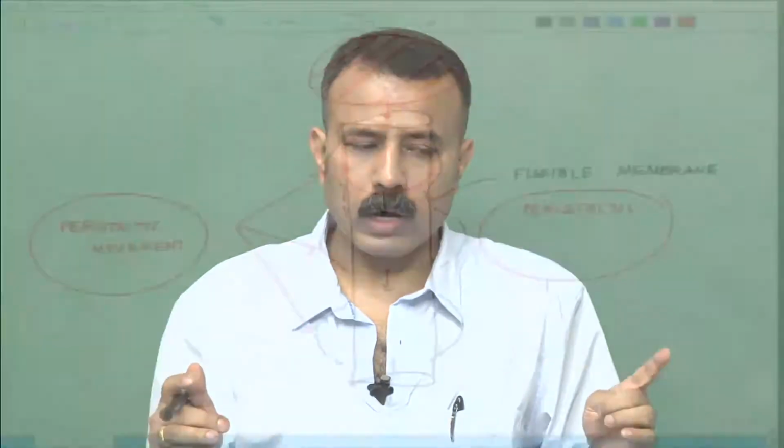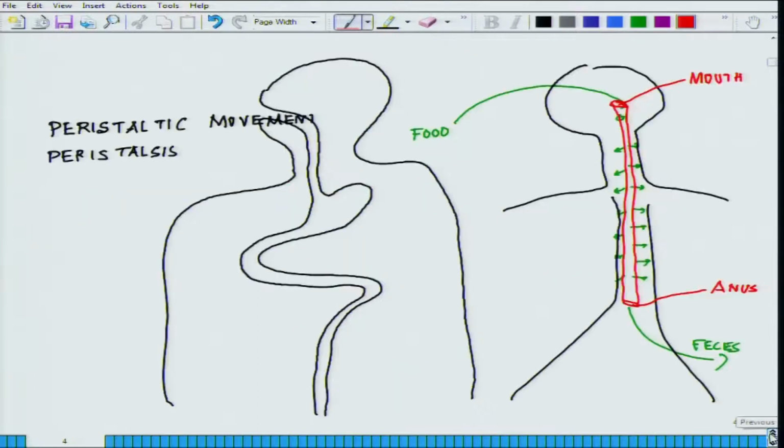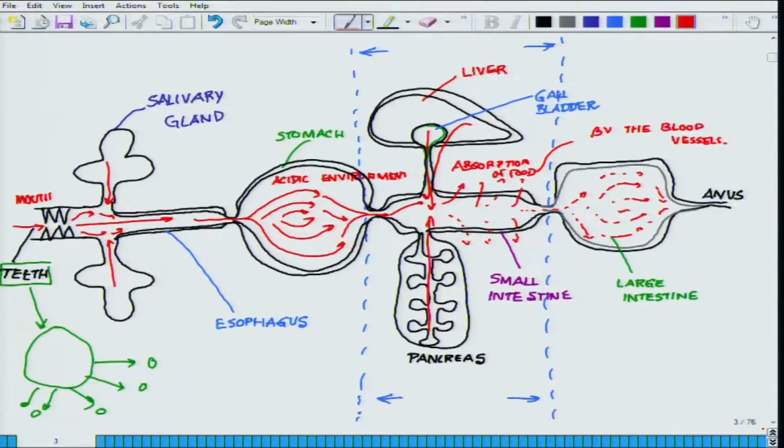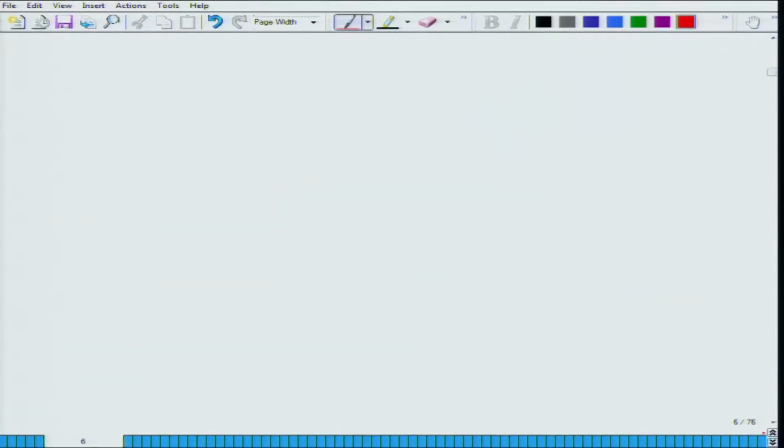So, I will add the component of parasympathetic and sympathetic, where they are regulating the whole process. Let me see if I could do it in this diagram, a bit tricky. So, I will redraw it, that is easier. I will again redraw the whole structure, so that on a fresh slate you can see it.